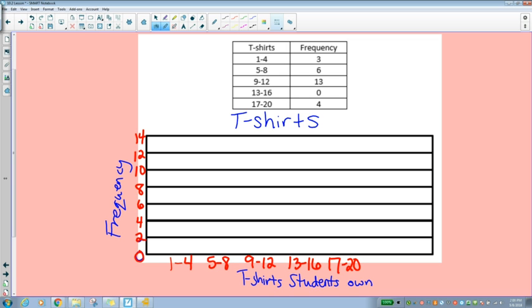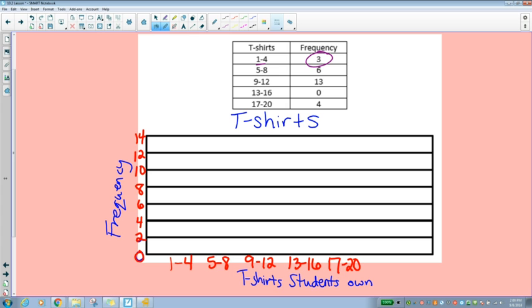So to start with, I'm going to create a bar for each of these intervals, and I'm going to start with 1 to 4. I notice that for 1 to 4 t-shirts, I have a frequency of 3, which means my bar is going to go up to 3. Well, there is no 3 on the left side, so I need to find where it would be located. Because I counted by 2s, 3 is going to be between 2 and 4.